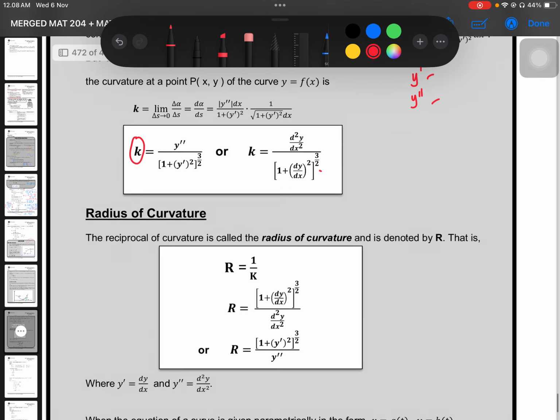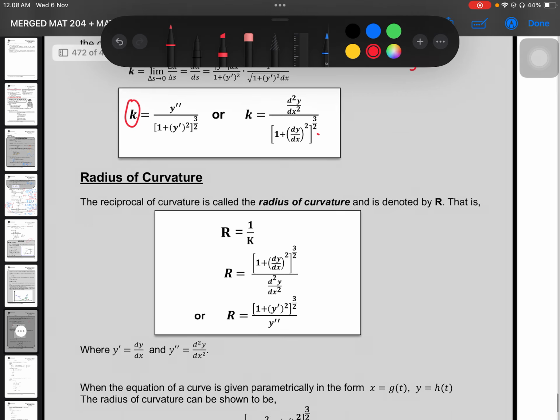Okay? And then, when we say radius of curvature, so ibig sabihin kung may curve kang ganyan, and then may point ka dito, this is the radius. Okay? So, actually, this part is magagamit ninyo on your following subjects. Hindi yan dito lang sa calculus. So, ngayon pa lang, dapat kabisado nyo na rin yung formula na to.